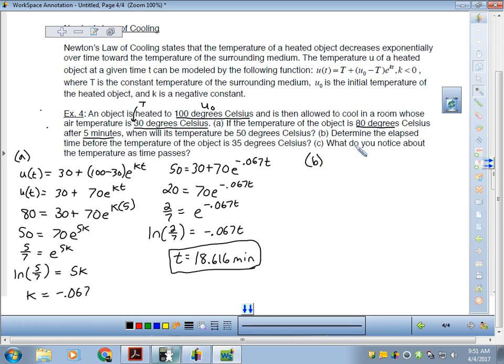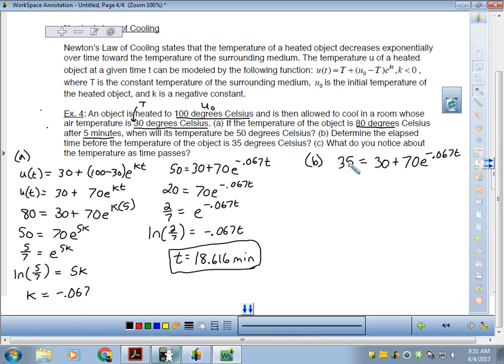Alright. Part B asks us to determine the time when it gets to 35 degrees. So it's the same kind of thing here. We're going to plug 35 in for our temperature. So 35 equals 30 plus 70 e to the negative 0.067t.